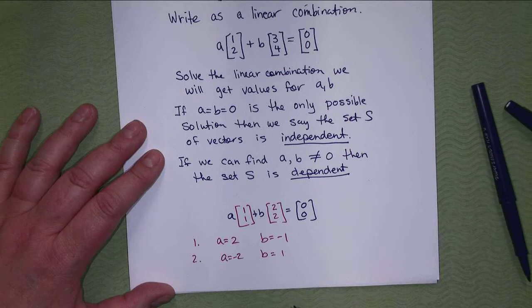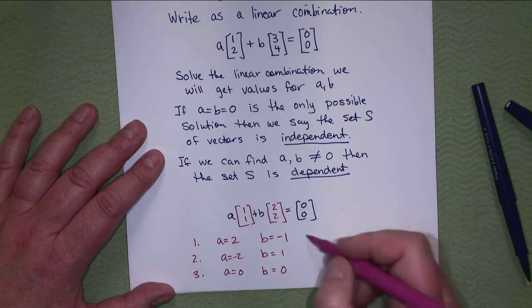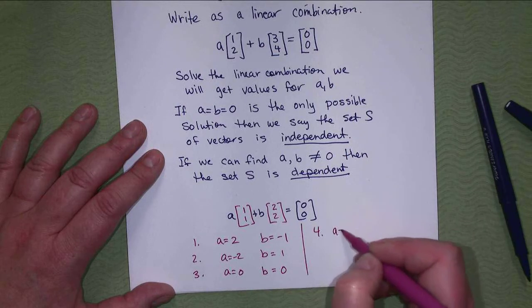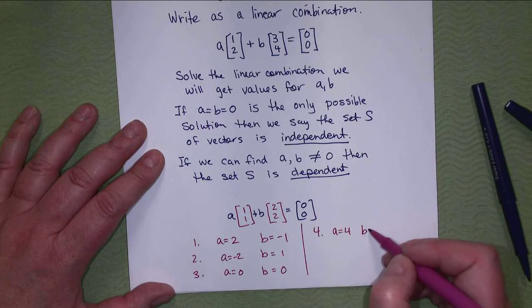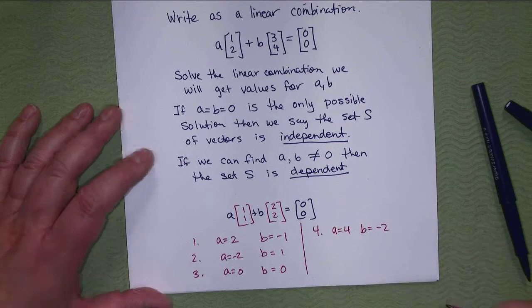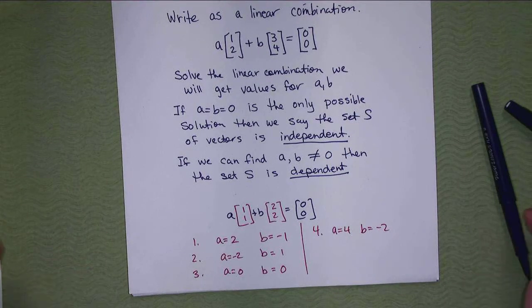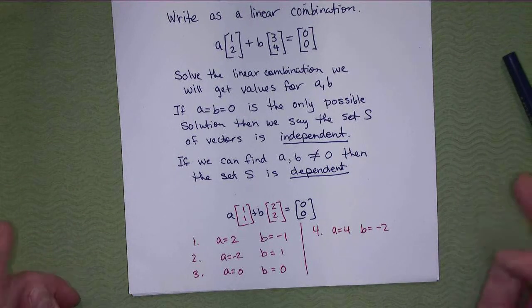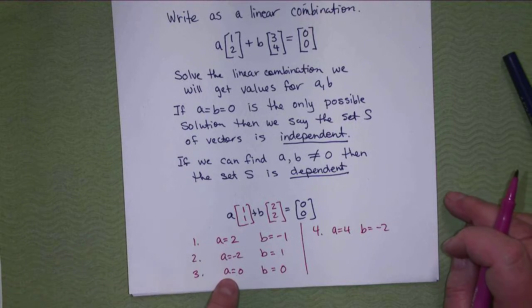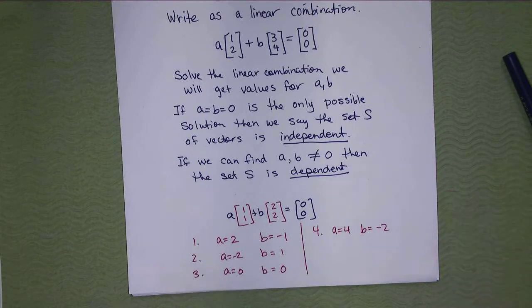And 0, 0 works. There's more. What's another one? Maybe A is 4, B is -2. Yep, that will work. And we could go on forever. So when it's independent, the only solution is 0, 0, but when it's dependent, there's infinitely many solutions. You can go on forever.